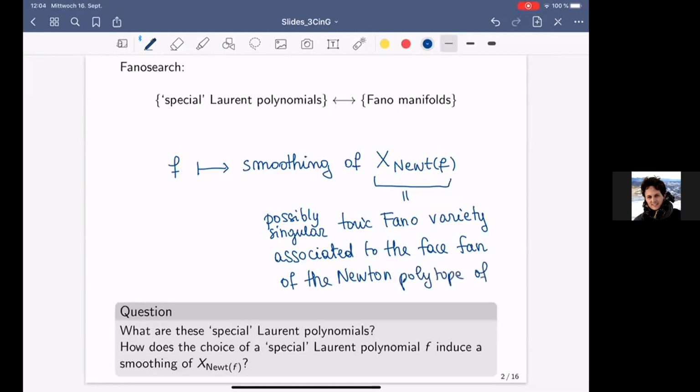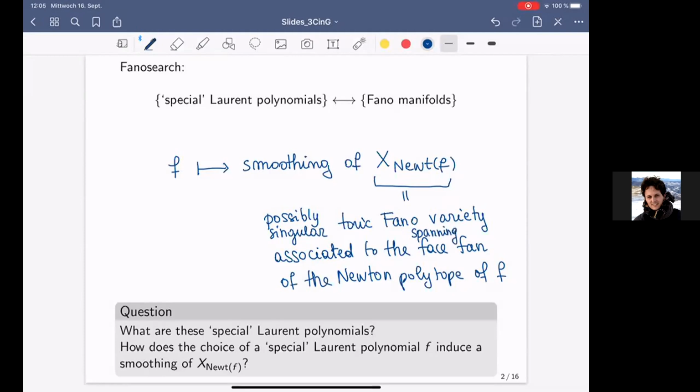of F. So the Newton polytope is just the convex hull of the points in the lattice which appear as monomials in F. And then if this Laurent polynomial is good, basically the origin is inside the polytope, and then you can create from the origin the cones over the facets or the faces of F. So this is also called the spanning fan, it is the same thing.